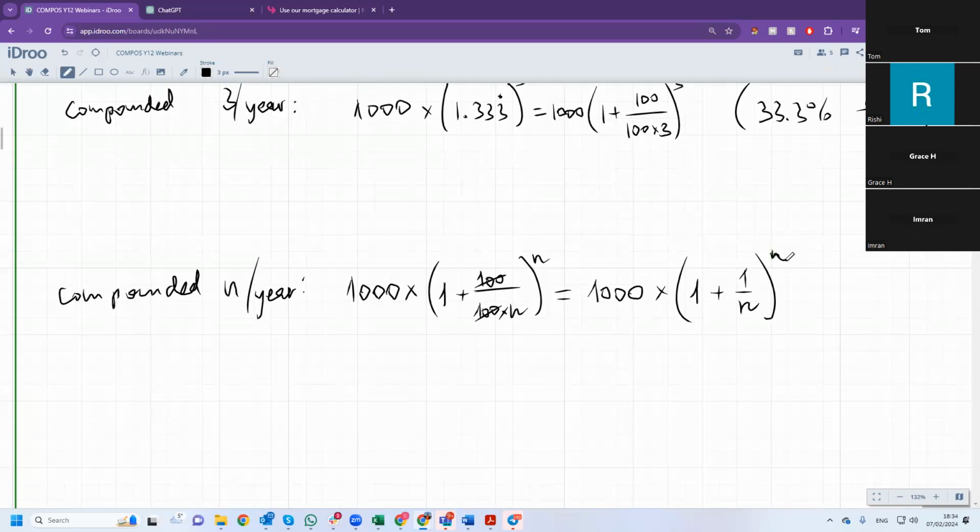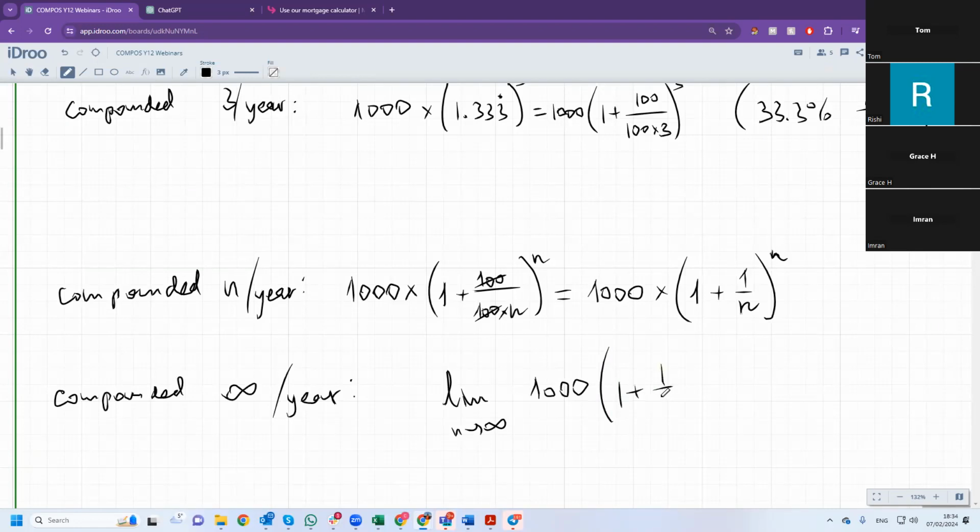And compounded infinity times per year, which is called continuously, it's the limit as n tends to infinity of 1,000 times 1 plus 1 over n to the power n.